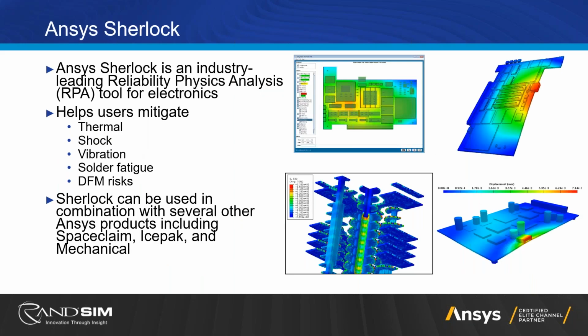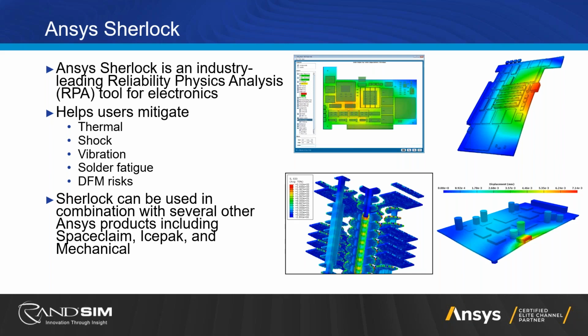And so in comes Ansys Sherlock. As I've already discussed, there are a lot of different avenues where electronics reliability comes into play, but what we're going to be talking about predominantly today is Ansys Sherlock. Ansys Sherlock is an industry-leading reliability physics analysis tool for electronics, specifically PCB assemblies.